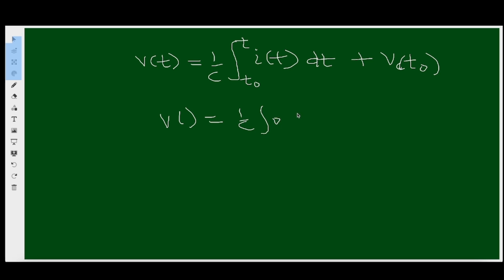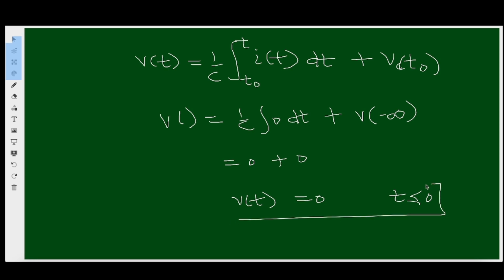And the integral of 0 is still 0, plus v of t naught, which is v of minus infinity, right? So what do we have? We have 0 plus 0. Therefore v of t is equal to 0 for t less than or equal to 0. So this is our first case, that is when t is less than or equal to 0.